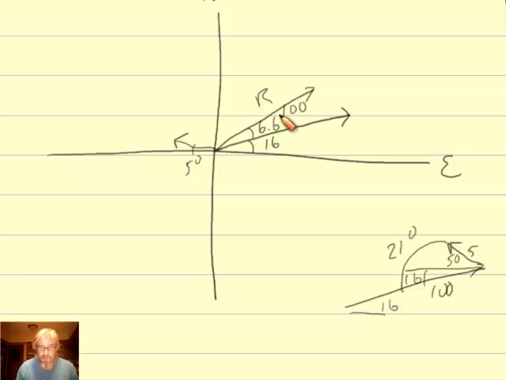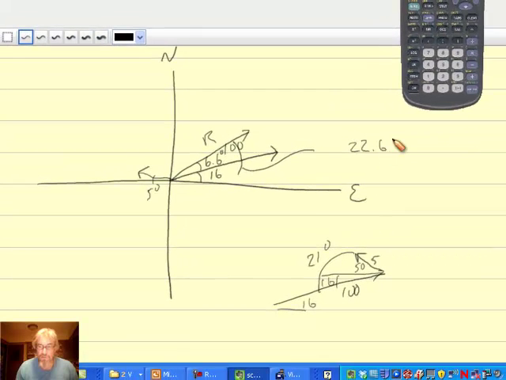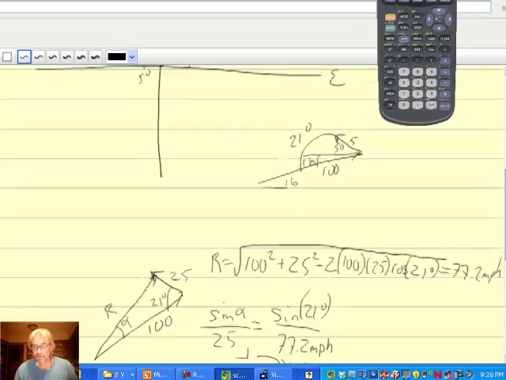So if I sum those up, that tells me that I'm 22.6 degrees north of east. So that's the bearing, or the heading, the direction of my resultant vector, and the size, the speed, was my 77.2 miles an hour.